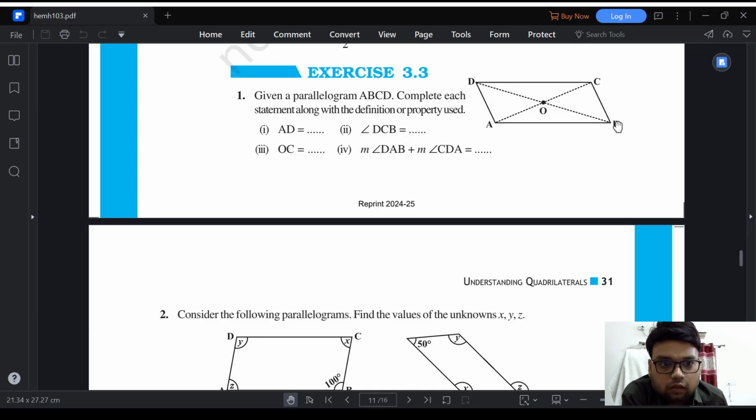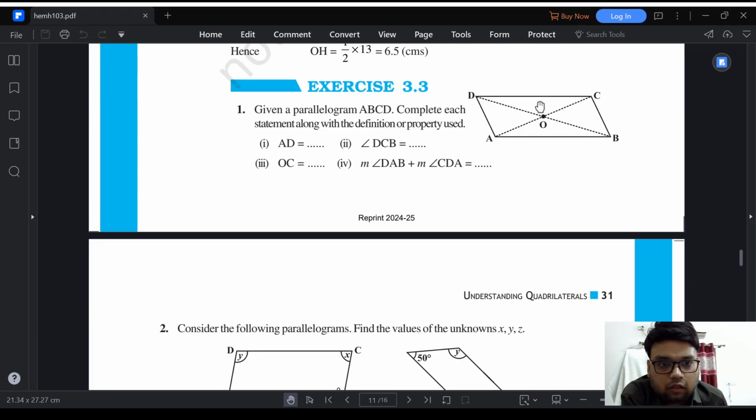Angle DCB is equal to angle DAB. How? Side angle side. By this property we can say that DAB is equal to DCB. OC is equal to OA here because of the parallelogram. This is the rhombus, that's why OC is equal to OA.